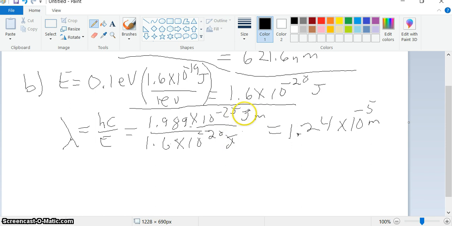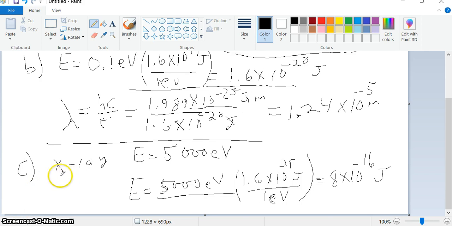You just do the division here, and you get 1.24 times 10 to the minus 5th meters, and I think that's in the microwave region. So that's a very tiny amount of energy.